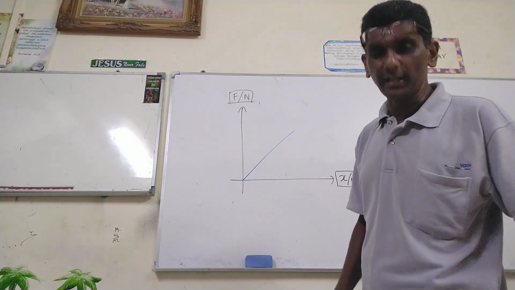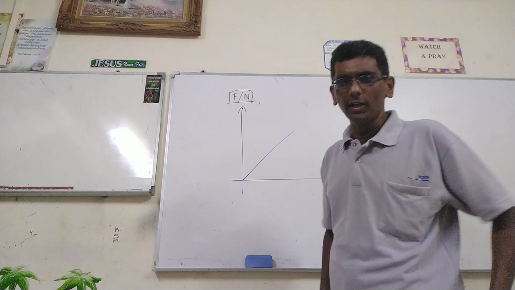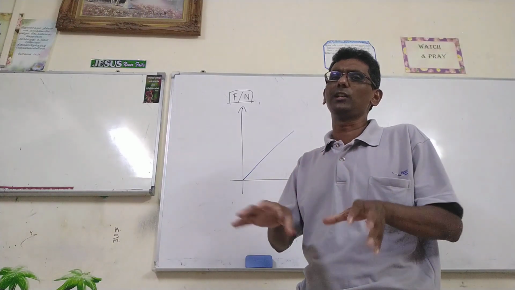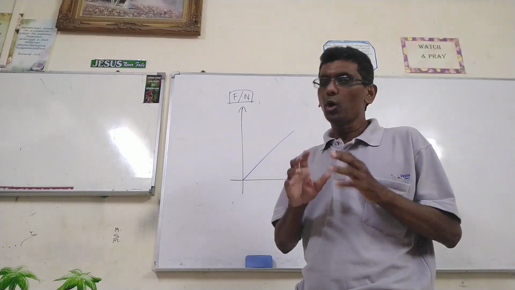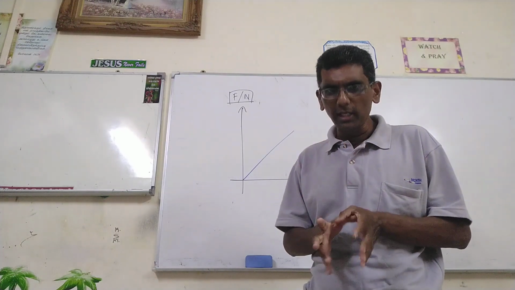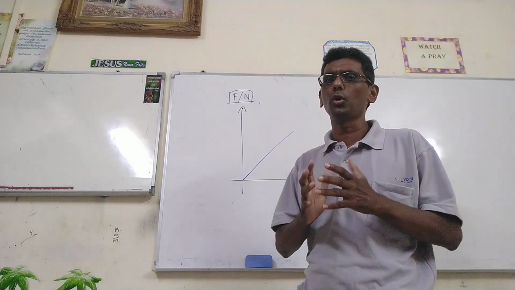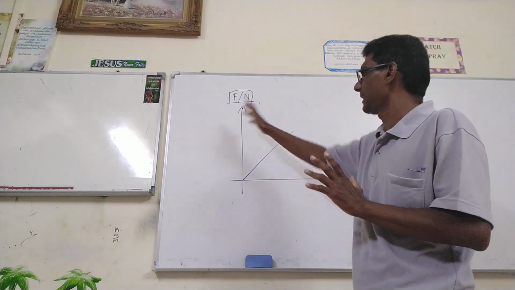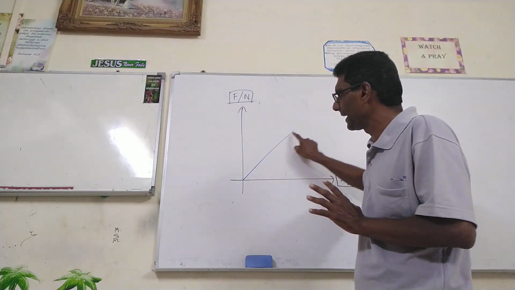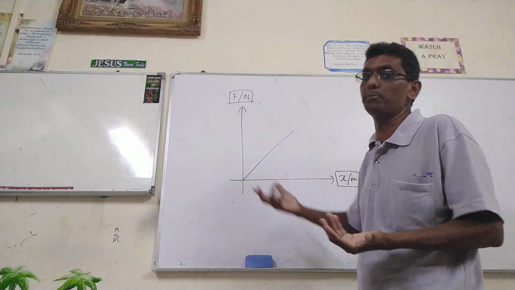Okay, this question is very interesting, because it is asking something extraordinary. Normally they ask you to draw Hooke's law, force versus extension. Hooke's law must be a straight line, starting from the origin, directly proportional.